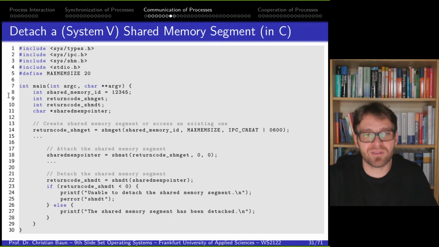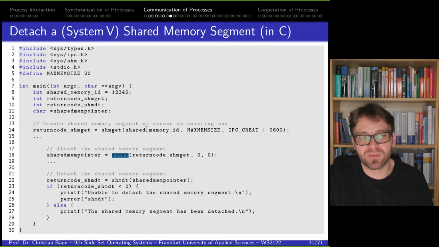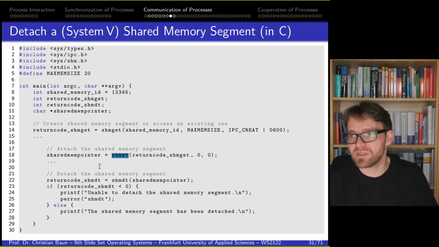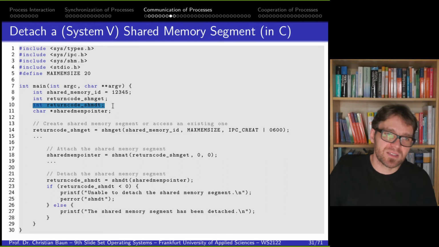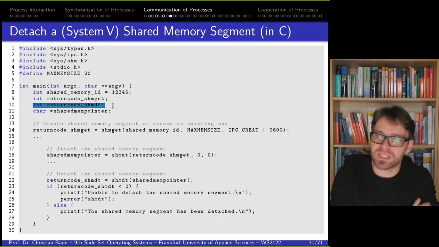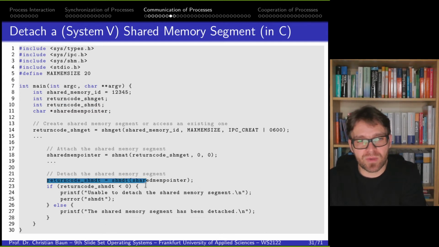Here again we have our source code a little bit modified. We still have the get, we still have the attach, but we have no read and write now mentioned here because that's not relevant now. We just want to detach it. So we have a new integer variable here specified for the shared memory detach function call, and here we execute it in line 22, shared memory detach.